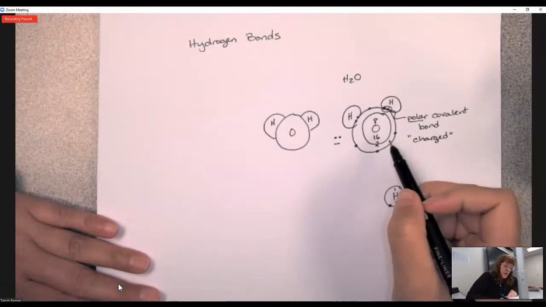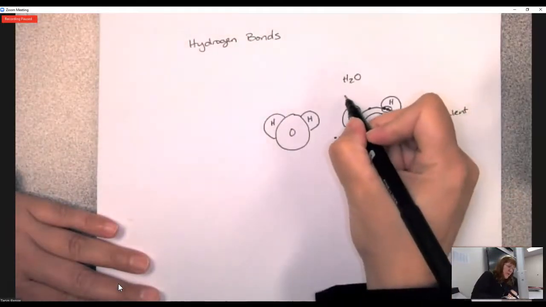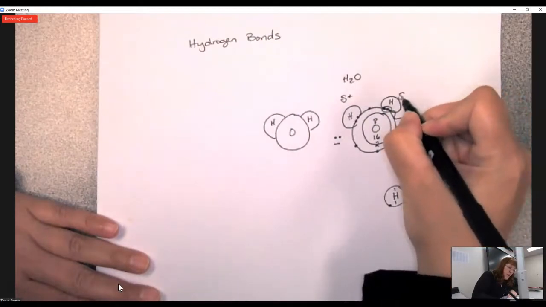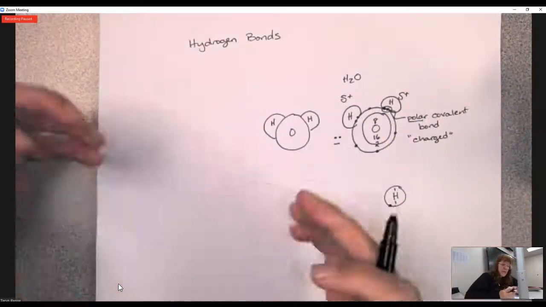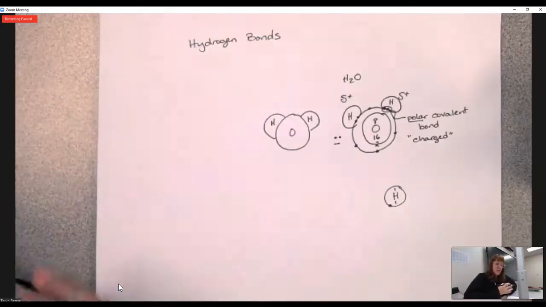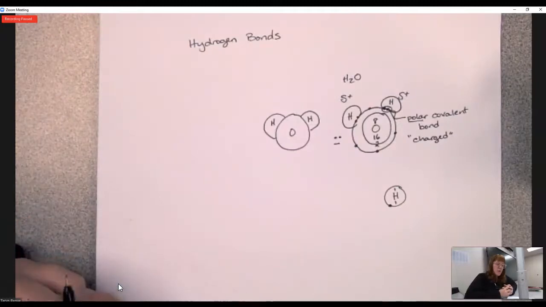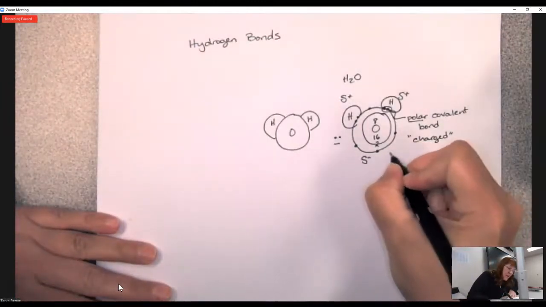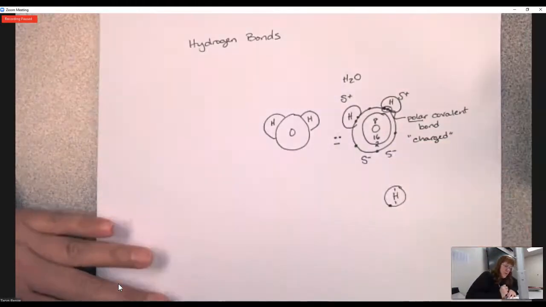we will have bonds that occur because of a slightly positive charge formed on the hydrogens, because those electrons aren't really balancing out the proton that's inside of it because it's pulled closer to the oxygen, so it's leaving the hydrogen slightly positive and creating a slightly negative charge over on the opposite side.